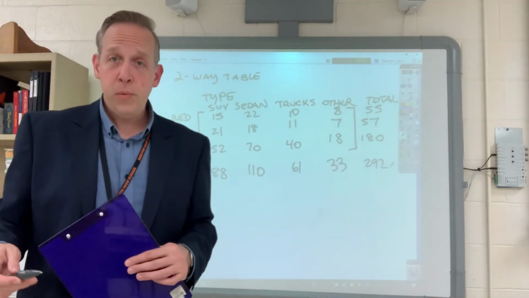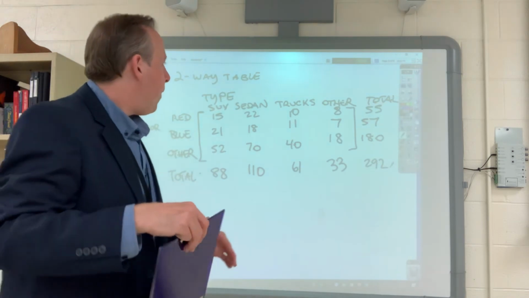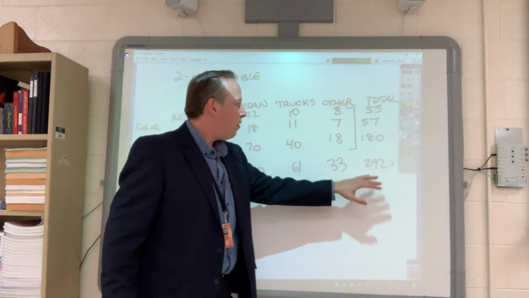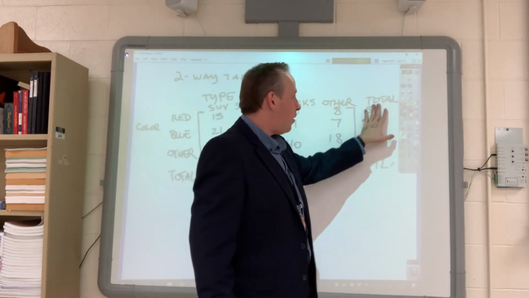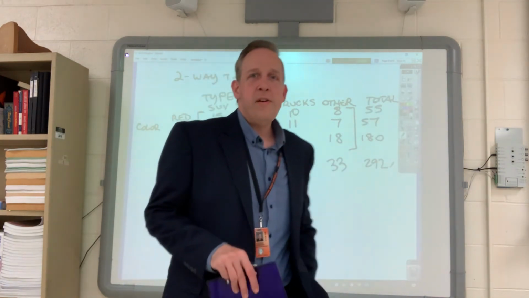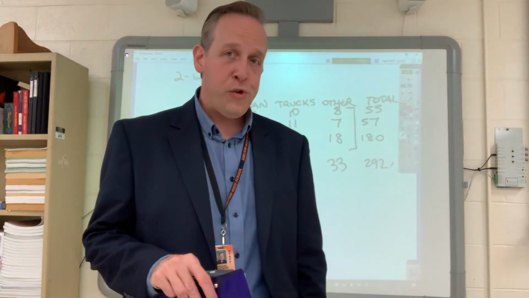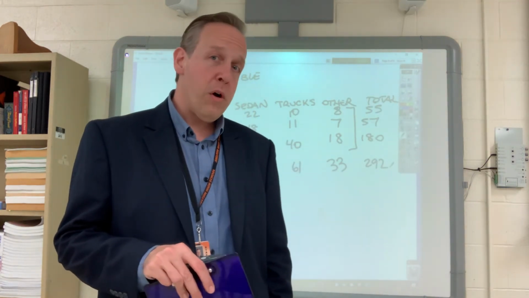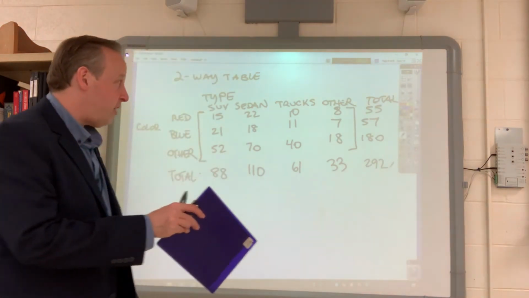This is called a two-way table. The totals here and the totals there, they have a separate name. They're called a marginal distribution, essentially breaking down the data in the margins, to the right side or underneath.